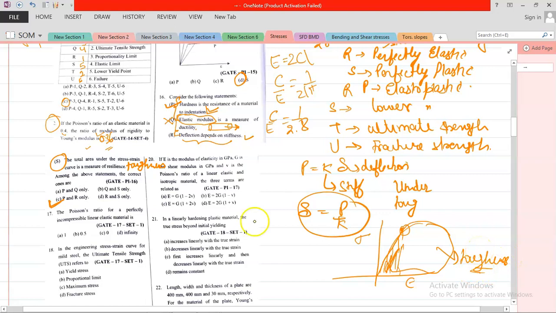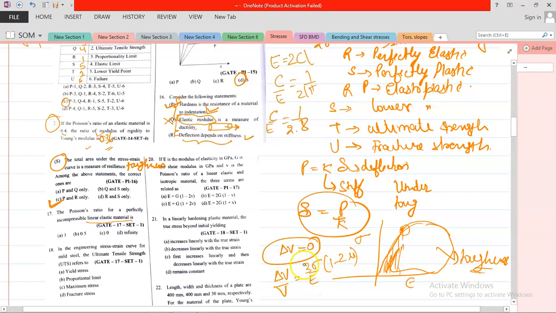Now what is the next question? The Poisson's ratio for a perfectly incompressible linear elastic material. What is the meaning of that? Incompressible means that the change in volume is 0, delta V is 0. Now remember the formula that I made you remember: delta V by V is equal to 3 sigma by E into (1 - 2 mu).